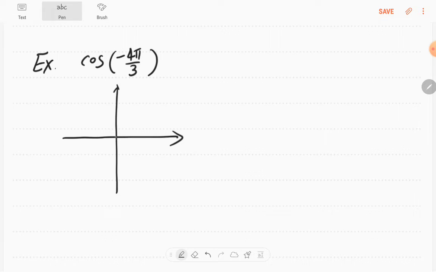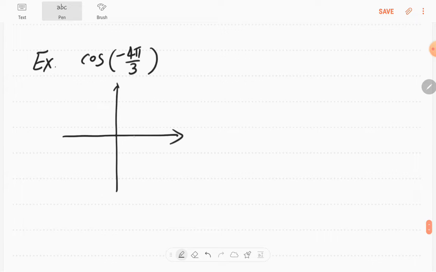Of course, you can use the coterminal angles from 0 to 2 pi. So you need to add 2 pi until you have an angle greater than 0 and less than 2 pi. But since this is very simple, for negative 4 pi over 3 you just rotate clockwise by 4 pi over 3. So this is the terminal side, okay?